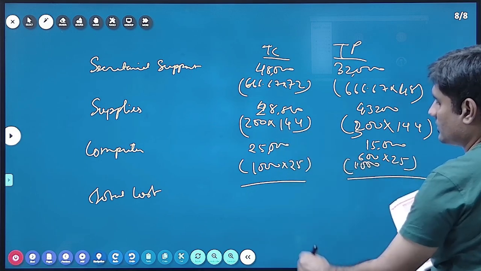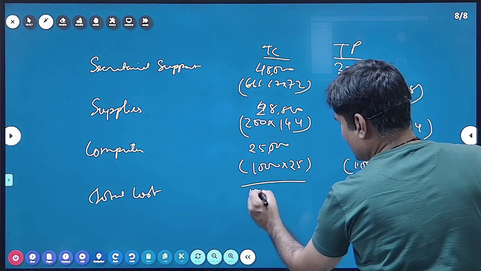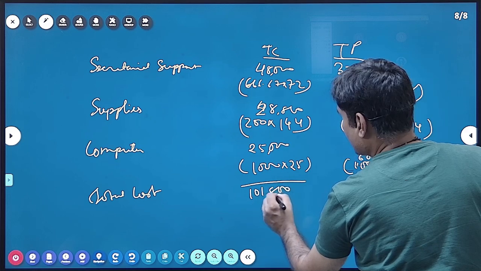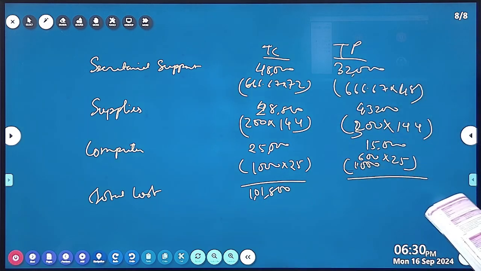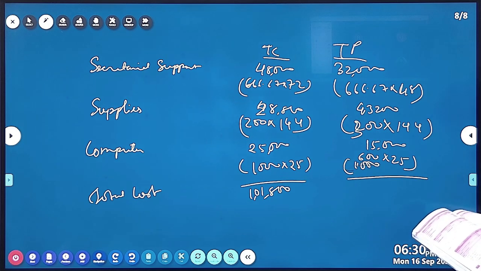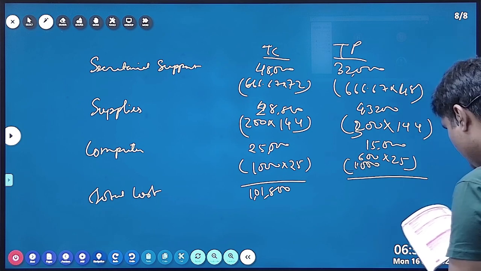Totals are 1,01,800 for this one and 90,200 for this one.